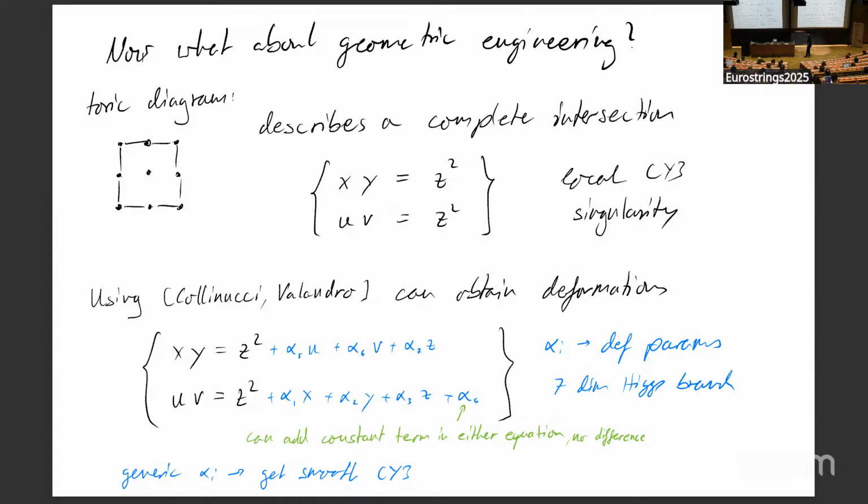So I'll put some parameters, alpha_i, and then some monomials which capture the deformation. And if I turn all of these alphas to some generic value, I have a completely smooth Calabi-Yau threefold. Then we're on some generic point of the Higgs branch where we're basically left with nothing anymore.